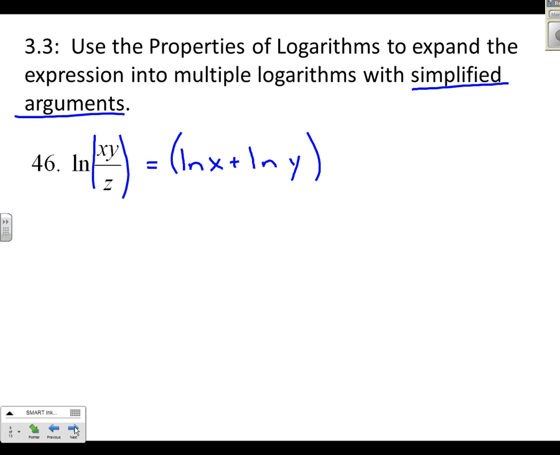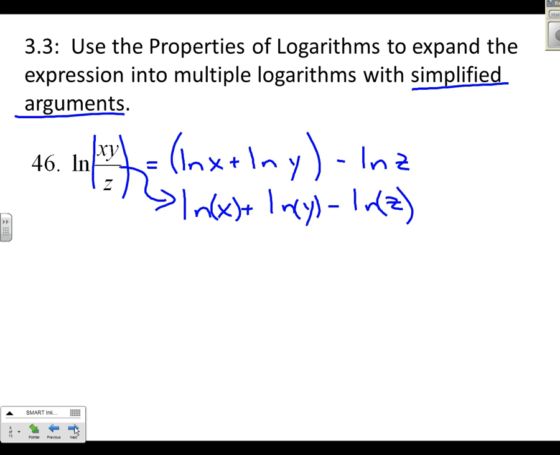And anything that's a denominator can be subtracted from that with the ln, in this case minus ln z. And in that case, basically, other than the extraneous parentheses, this would be what we're looking for. And I don't think it's a stretch to think we can jump from here to there. And now, are our arguments as simplified as they can be? Absolutely.